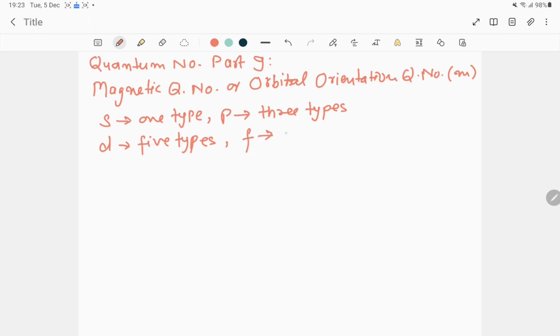F orbitals are of seven types, and g orbitals are of nine types, and so on.